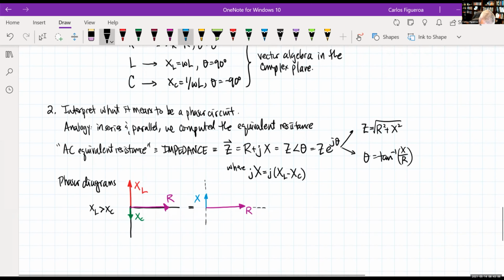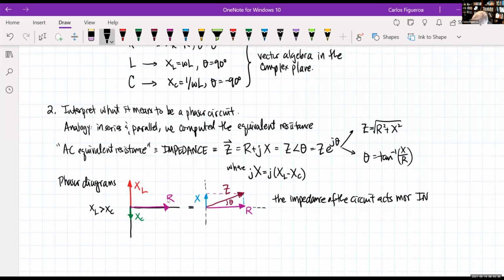If I go in here and complete the parallelogram rule, you can see that I'm going to get an impedance that looks like this. So in this case, your finding is that the impedance of the circuit acts more inductive than capacitive.